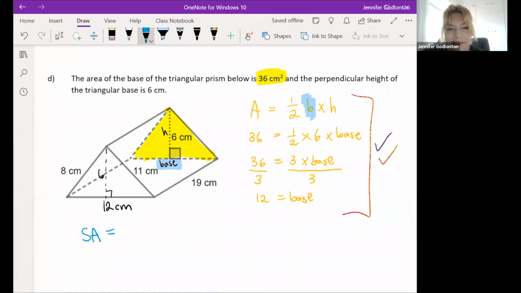Okay, so we're going to write our formula, which is surface area equals B times H, and then the big H, and in brackets A plus B plus C. Cool.